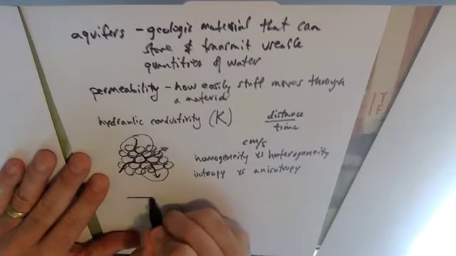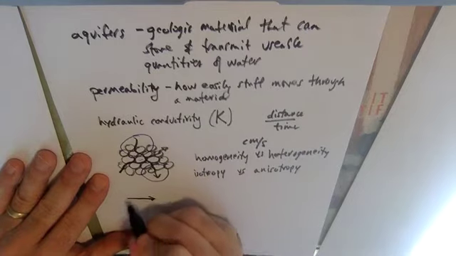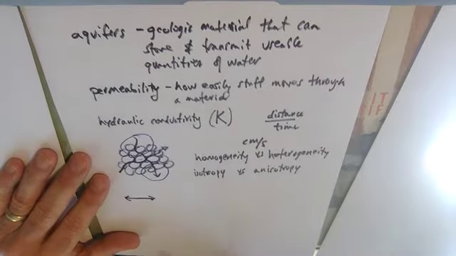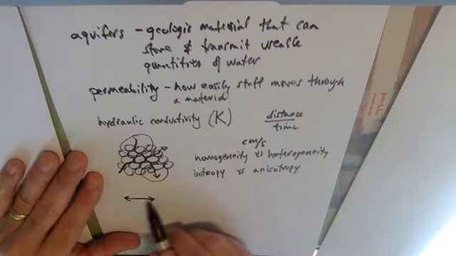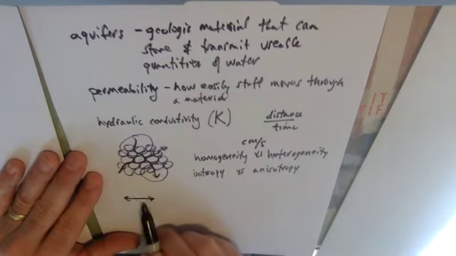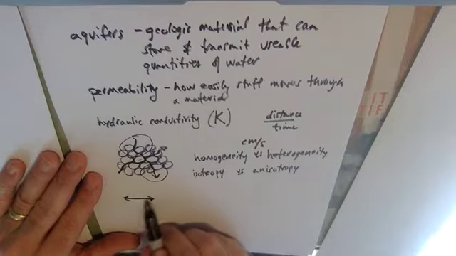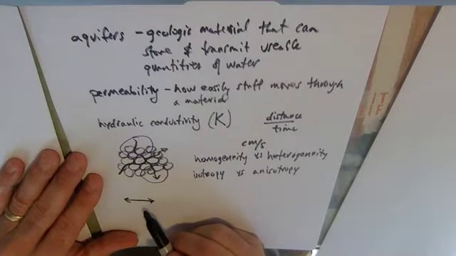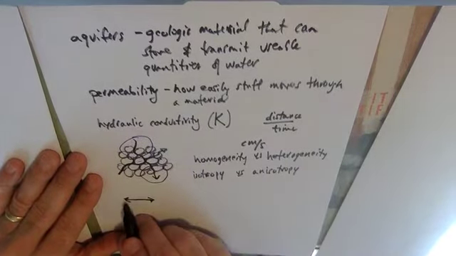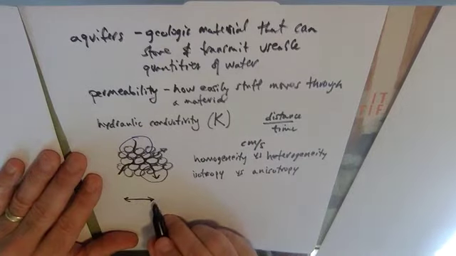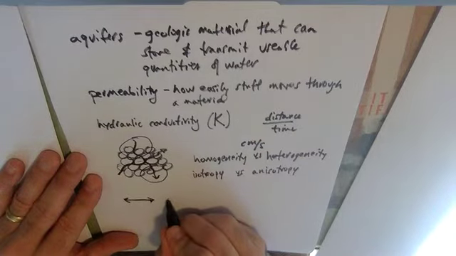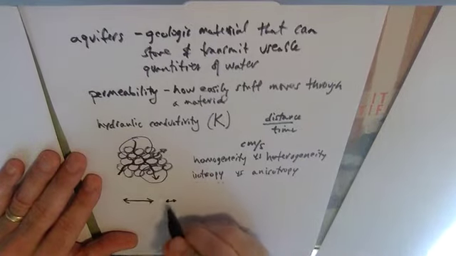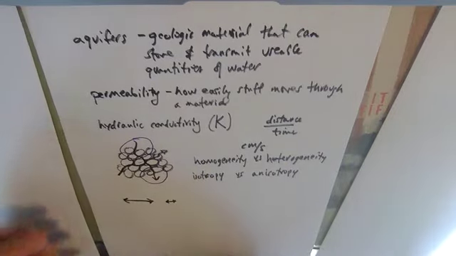So if you have a line that looks like this, what it's saying is the water is moving left to right, and the length of the arrow is proportional to the hydraulic conductivity. So a pretty long arrow like this would suggest that the water can move left to right pretty easily. It's got a high hydraulic conductivity. A short arrow like this would say that the water has a harder time moving left to right.